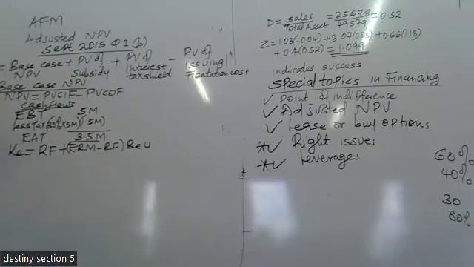Are we together? No, we don't know the beta here. So we can get the beta of unlevered. After we use this is what we call the Modigliani model.